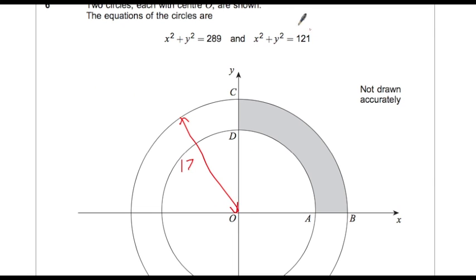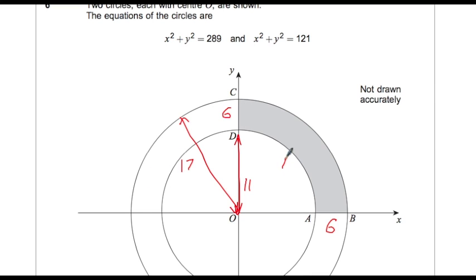And the inside one will be the square root of 121, which I know that one, that's 11. So we know this length is going to be 6, and so is this one. And now we've got to work out these lengths. So we can see these are both quarter circles. So we can work out the whole circumference and then divide it by 4.